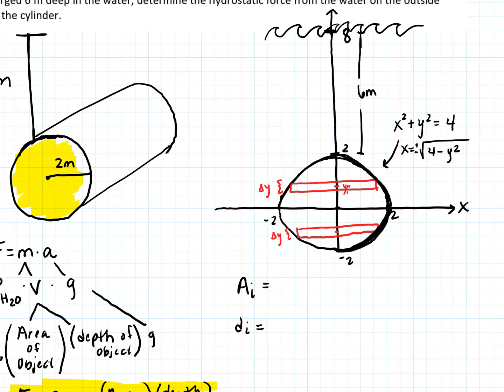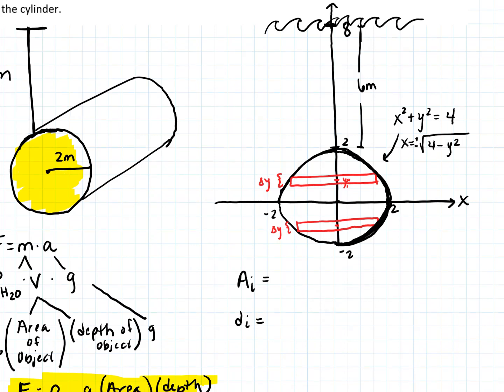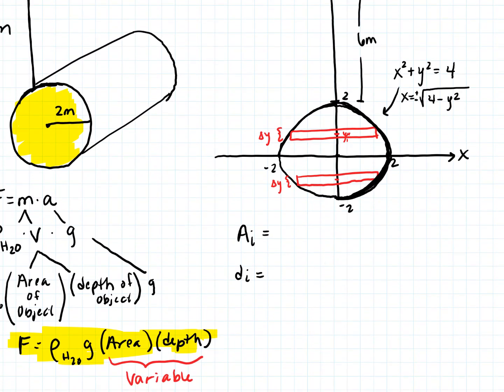Okay, so the area of each of those little rectangles at some little slice is actually going to be 2 x sub i star times delta y, or we could jump right into the fact that that's 2 times the square root of 4 minus y sub i star squared, wherever we've made that little slice, our representative tag, times delta y.